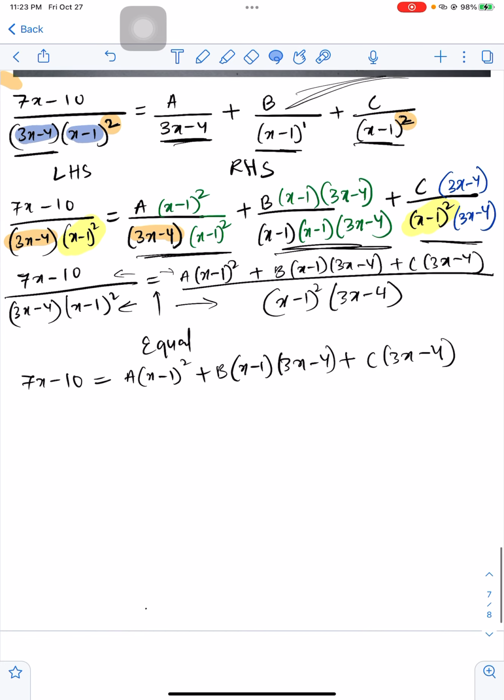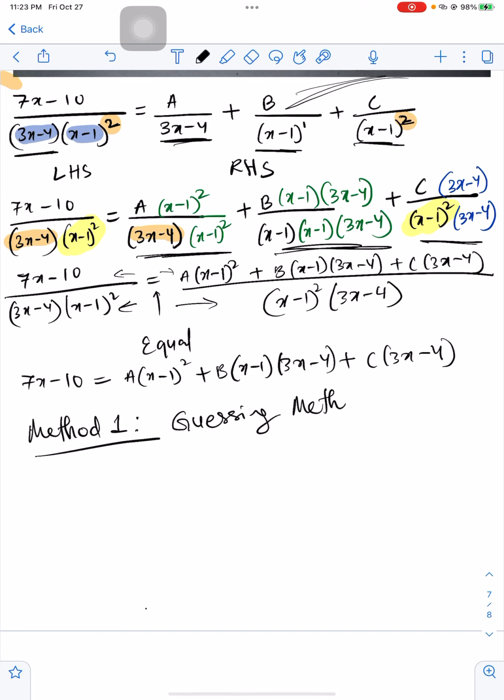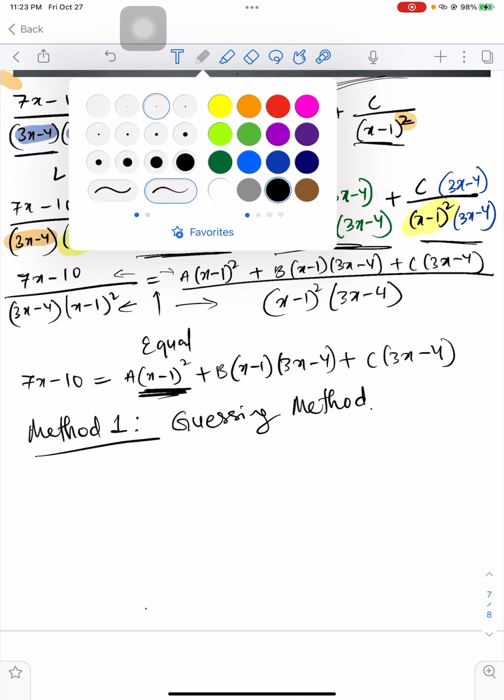So there are two methods, okay? Method number one is the guessing method. In the guessing method you try to target the brackets.